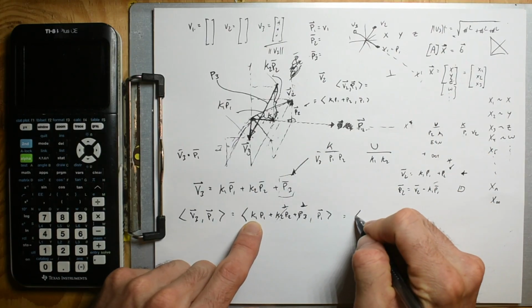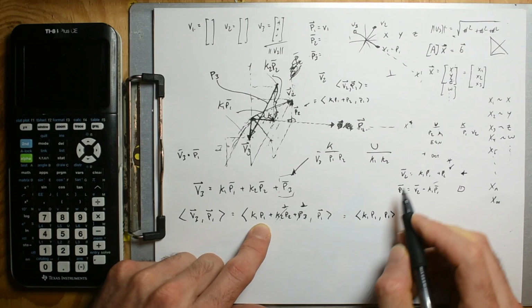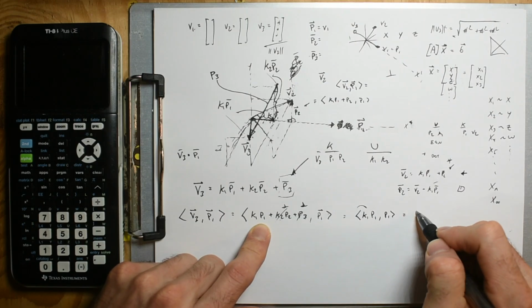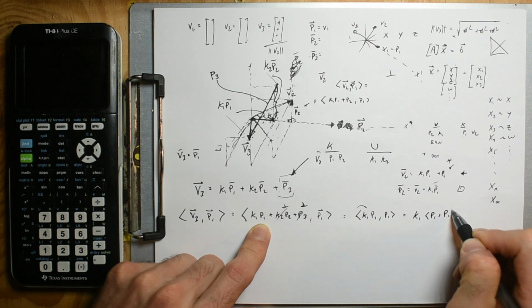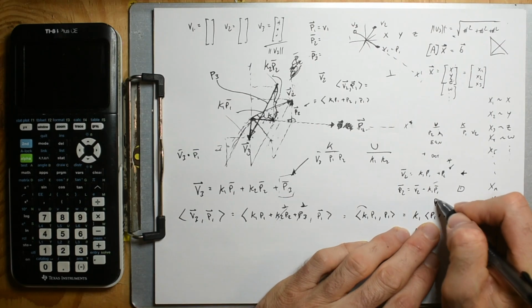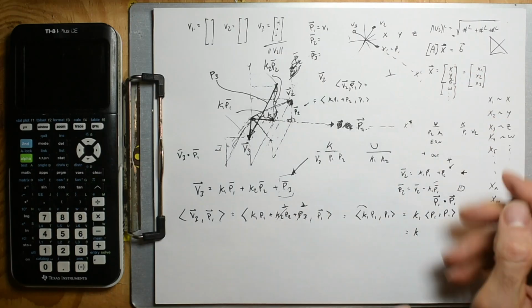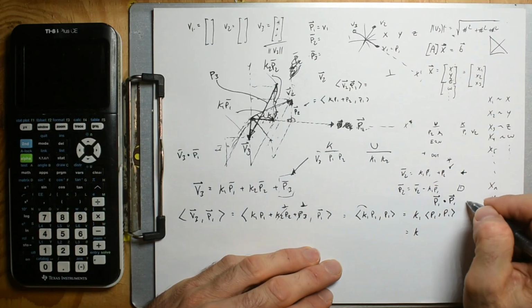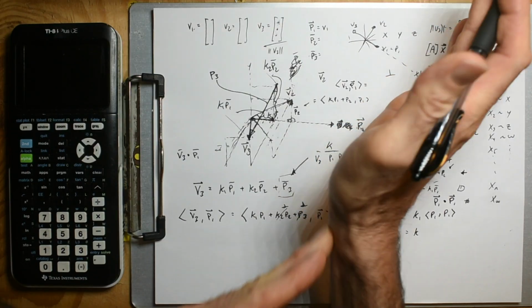So we're going to have the inner product of K1 P1 and P1. And this K comes out, so we have K1 times the inner product of P1, P1. It's a dot product, so still think dot product of two vectors going in the same direction. A dot product yields a scalar. It's going to be the multiplication of two numbers, 100% of it.